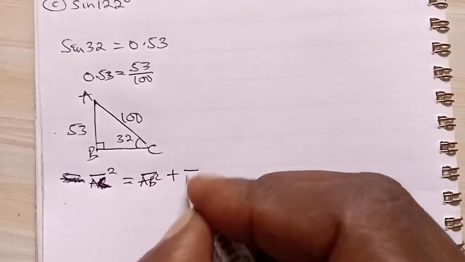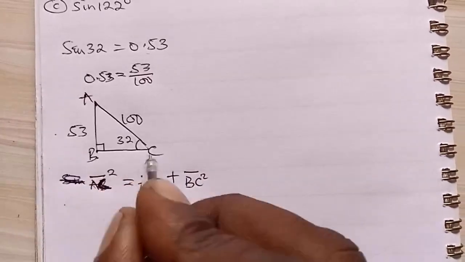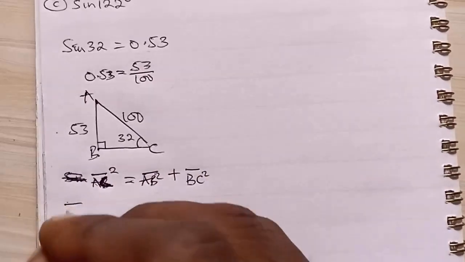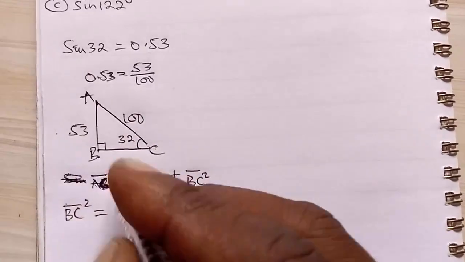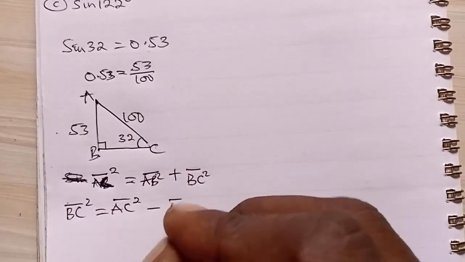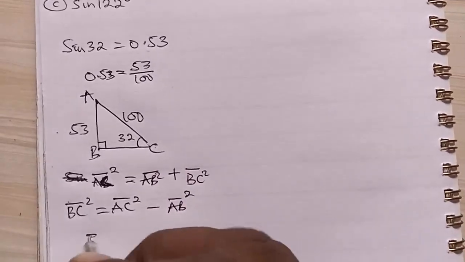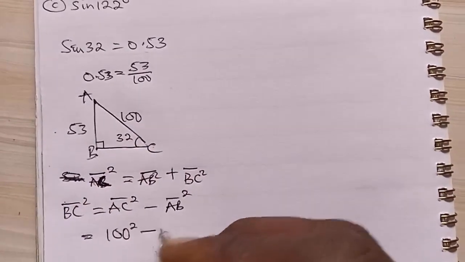If we make line BC squared the subject of the formula, since I want to find BC now, line BC squared becomes line AC squared minus line AB squared. So what we have is 100 squared minus 53 squared.